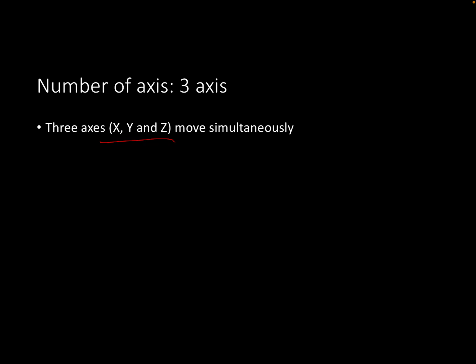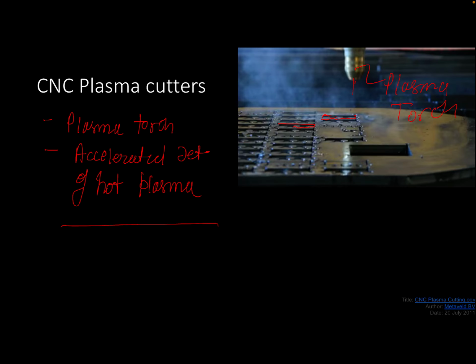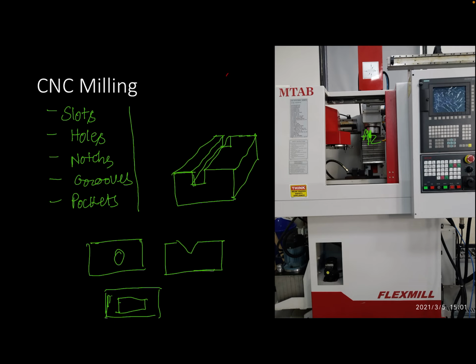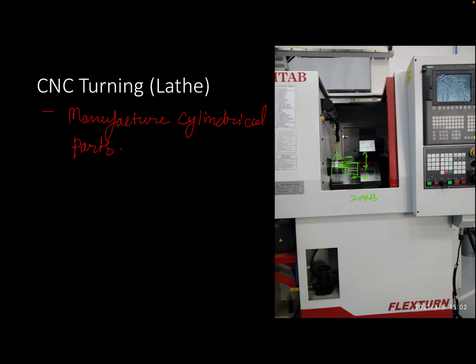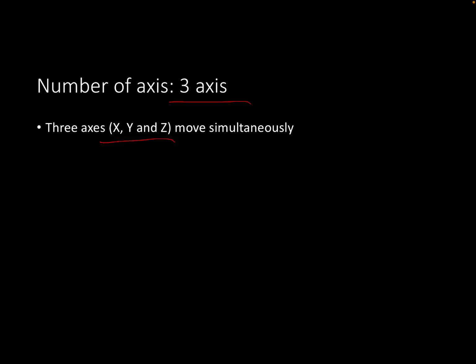In 3-axis CNC machines, the axes are moved simultaneously and they are versatile machines, as we have seen previously, like the CNC milling machine. This one was basically a 3-axis CNC machine. It can move simultaneously along the x, y and z directions.